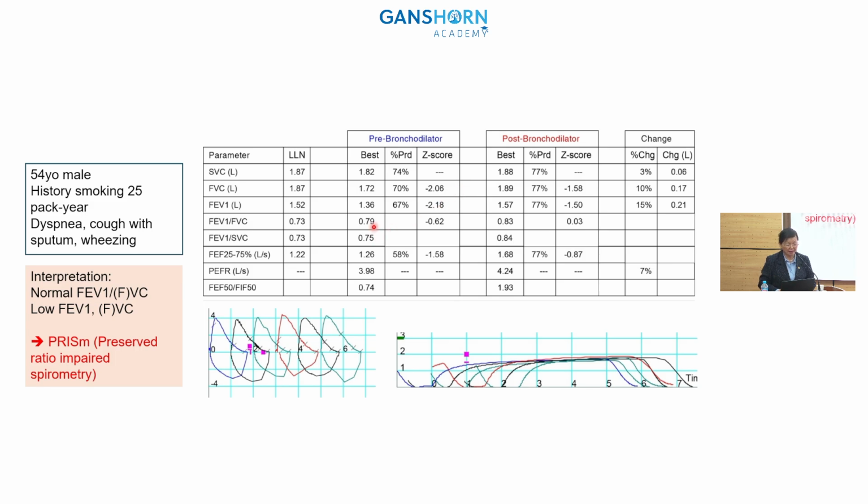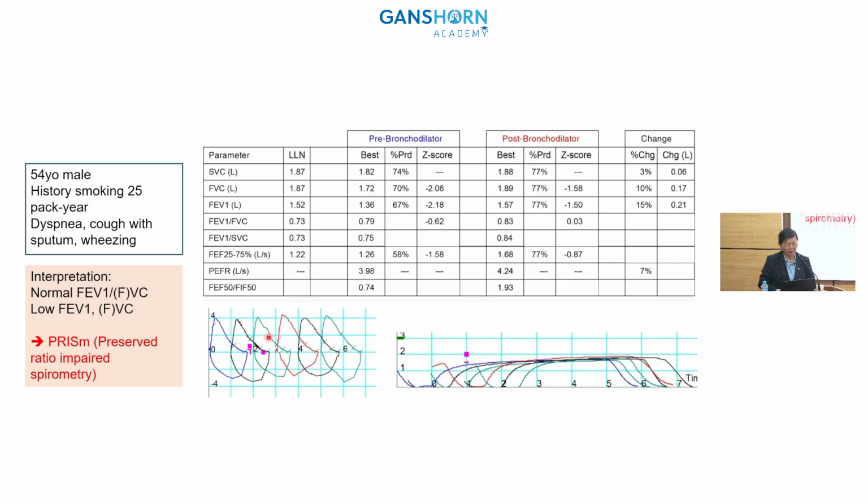And then with this one, they are higher than the lower limit of normal, so there is no obstruction. And the bronchodilator test, here 77 and 70, no, it is 10 also. So we have possible restriction, no obstruction, negative bronchodilator test.